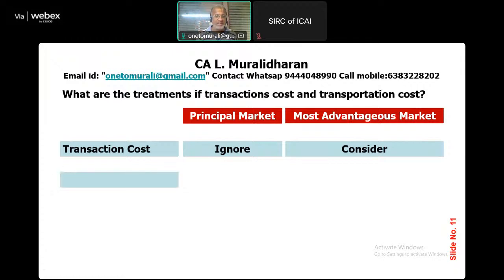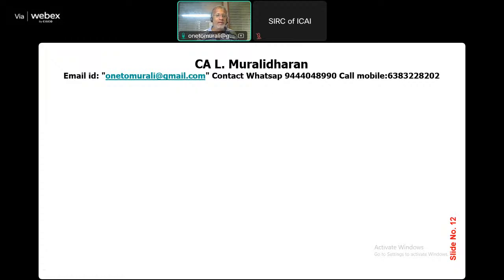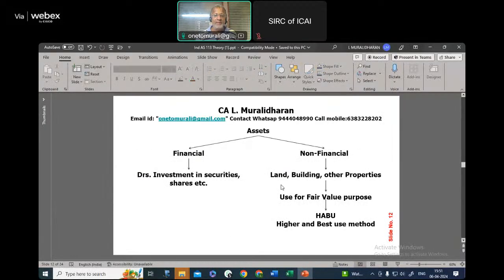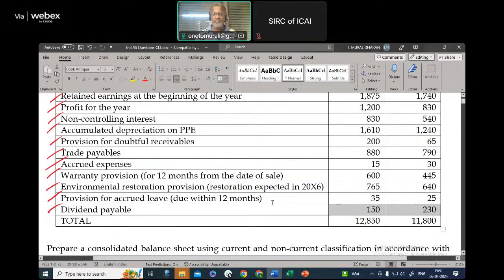In all other places, we are expected to consider. Transportation cost, consider. Here also consider. There is only one: transaction cost in principal market should be ignored. In all other places, you should consider. Now, with this, I would like to take up one particular question that we have in our material.